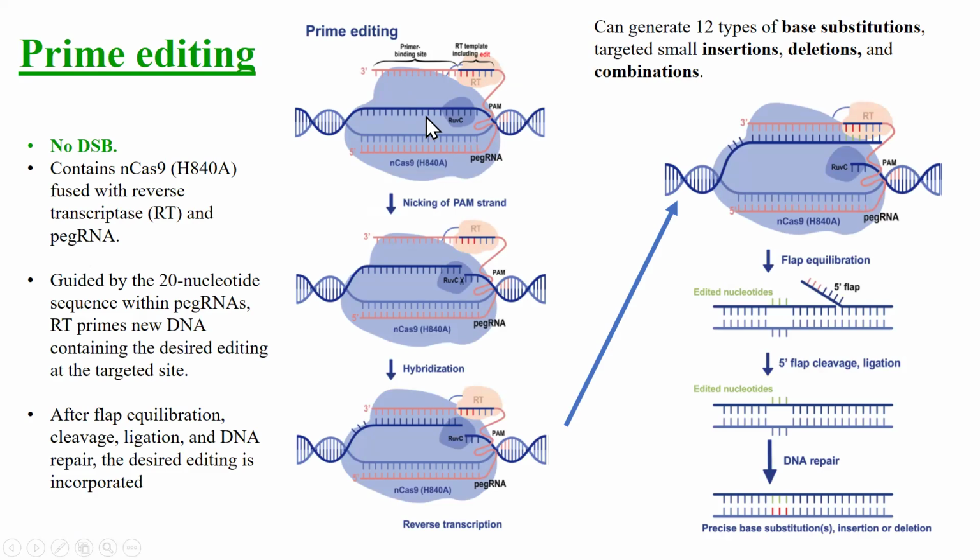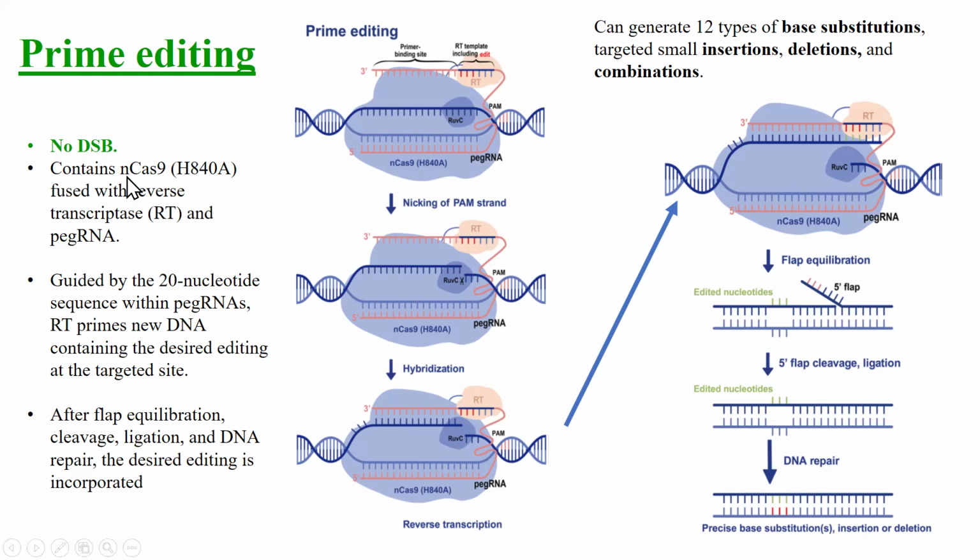You design it, and it binds a specific part of the DNA, and then it expands the double-stranded DNA, unzips it, and makes the change very nicely. And it is smarter, and its off-target risk is lower. So this is also interesting, and the key feature is no double-stranded break.